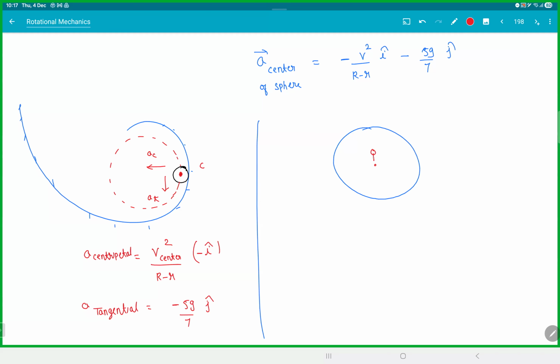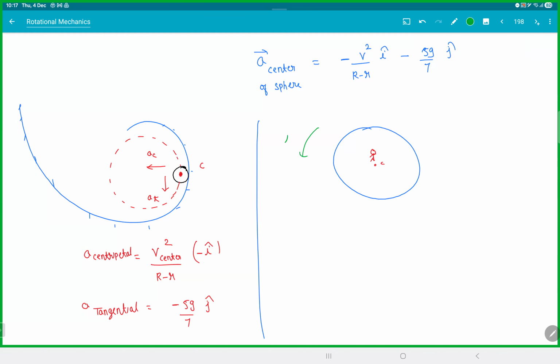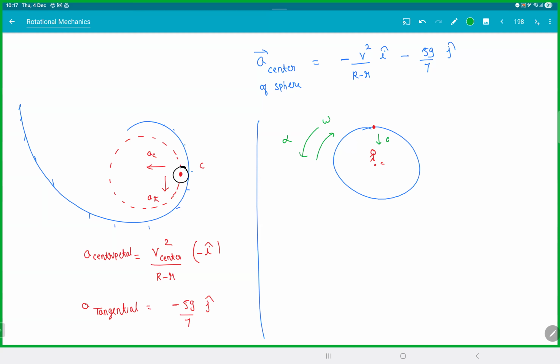If you go and stand on the center, you will think this guy is going with alpha, right? And remember, this is also rotating with omega. So this point B here will have another centripetal acceleration, which is omega square small r, and you have another tangential acceleration, which is small r alpha.